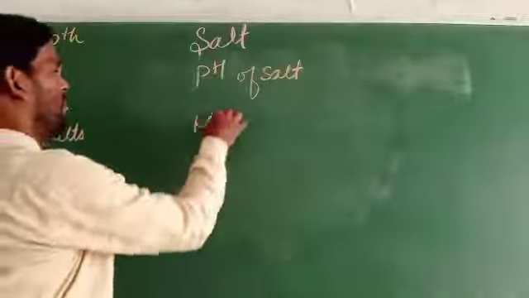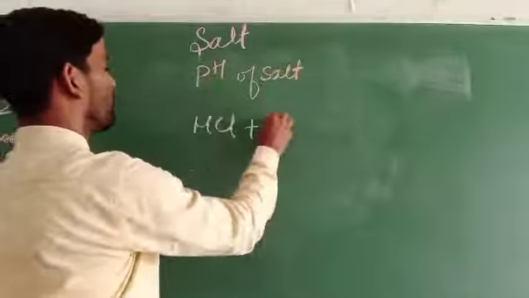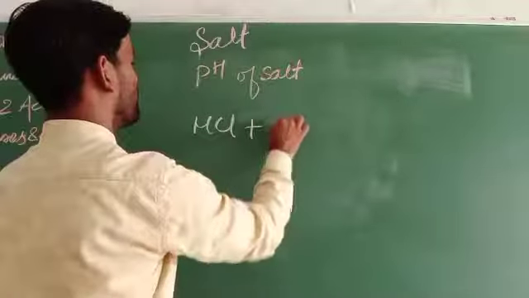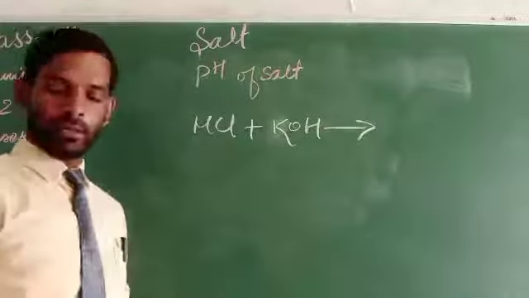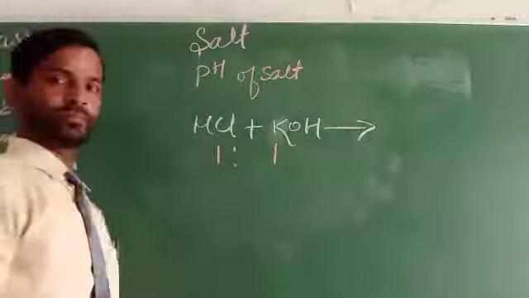Suppose hydrochloric acid and potassium hydroxide react with one another, their proportion must be equal.